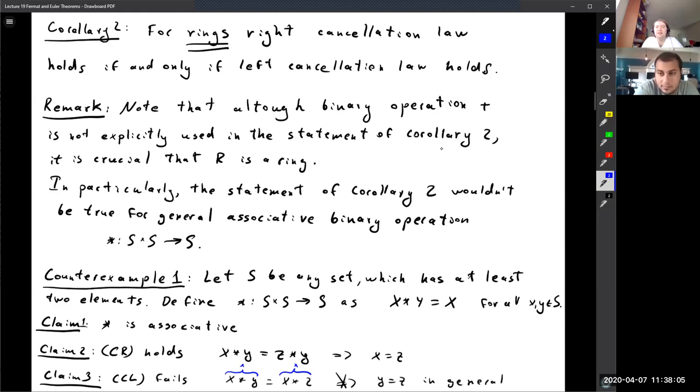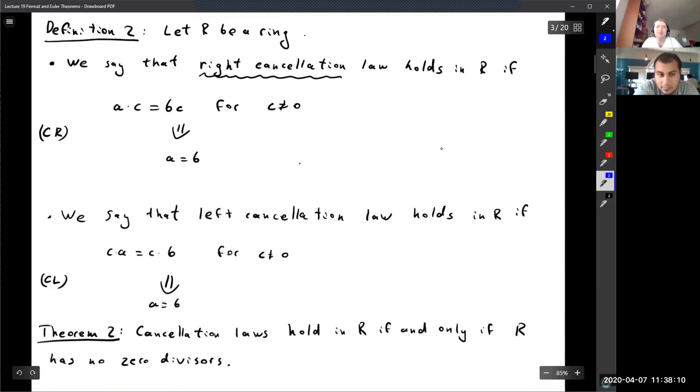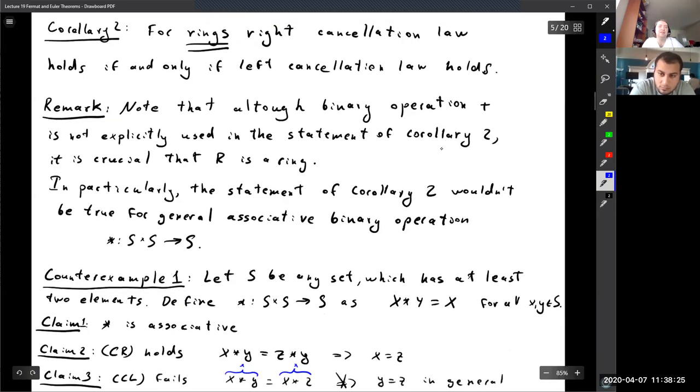Now the statement of the cancellation laws doesn't involve addition, so some might get the impression that this would work for any associative binary operation. What I'm saying in this remark is that this is not true. If we just have a general associative binary operation, not coming from multiplication in a ring, then the right cancellation law might hold while the left cancellation law might fail.